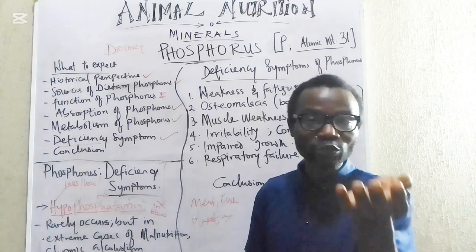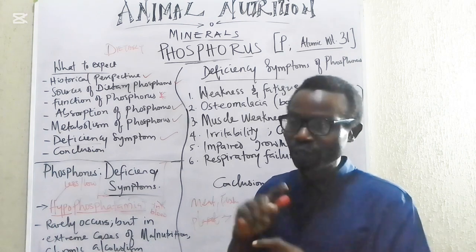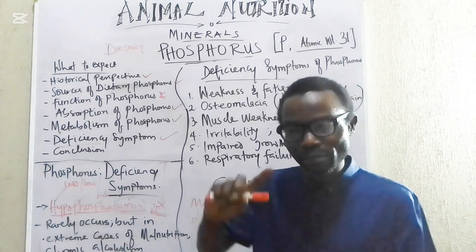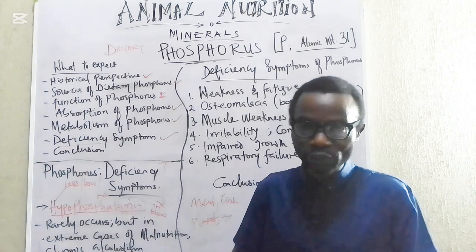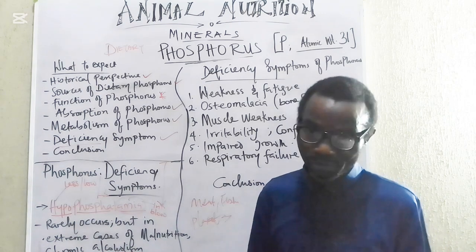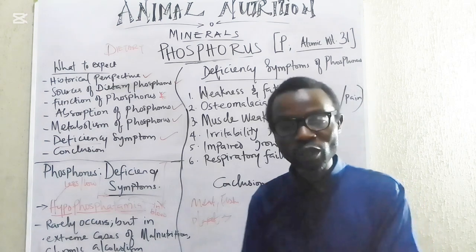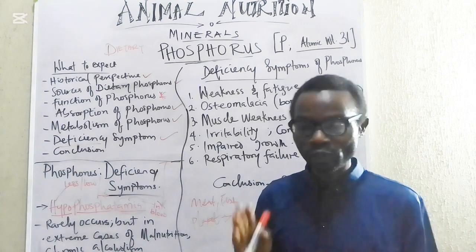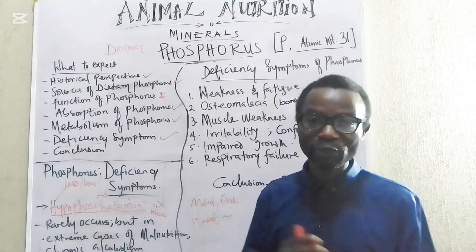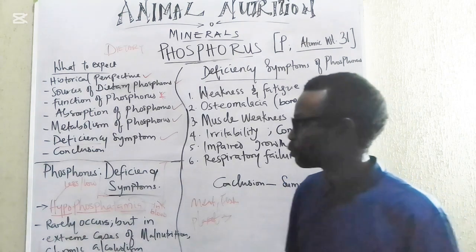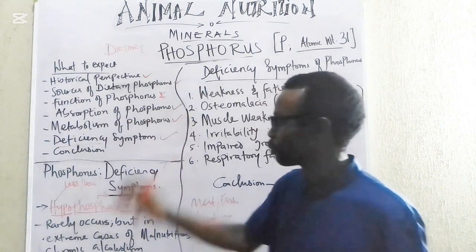So what you have as phosphorus in what is eaten becomes broken down and then built up inside the body of the animal that's eating, either any of the livestock, cattle, sheep, goats, or poultry, or human. So both processes happen simultaneously at the same time. So that's metabolism of it.